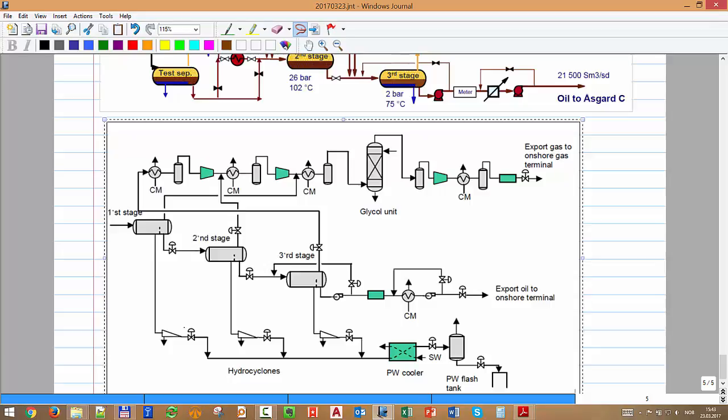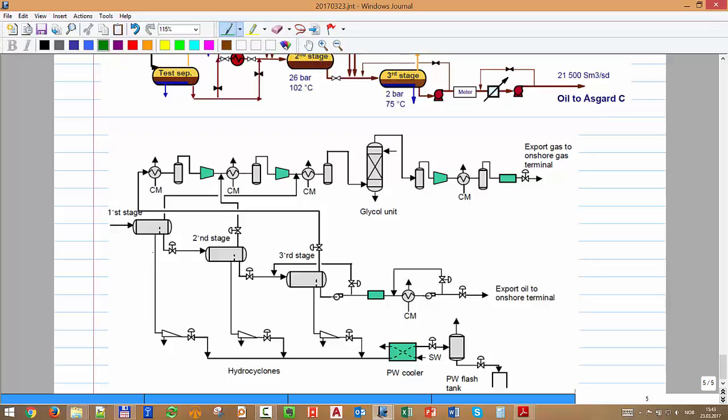Then you take it, and typically the concentration of the oil in the water coming out, called oil in water concentration, is between 1000 ppm and 500 ppm. These are cyclones that induce a very strong rotation on the fluid, and due to the centrifugal force, the water goes on the outside and the oil stays in the center.